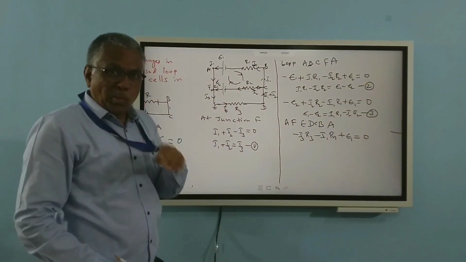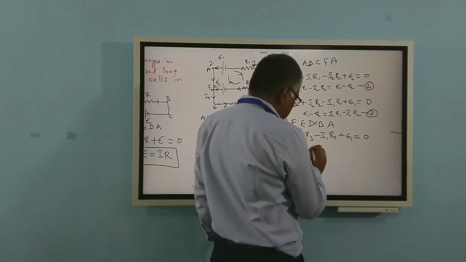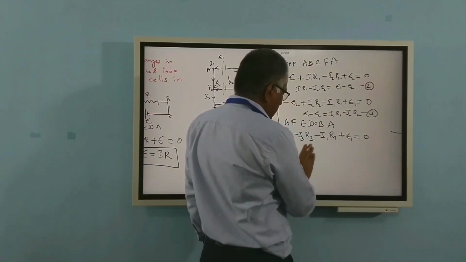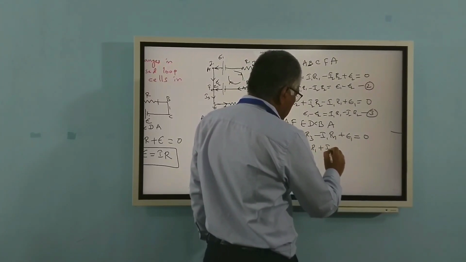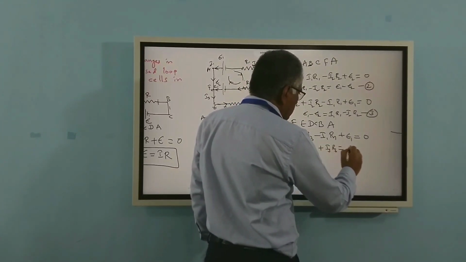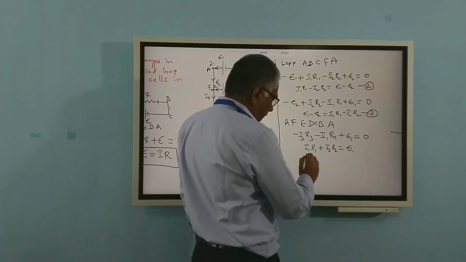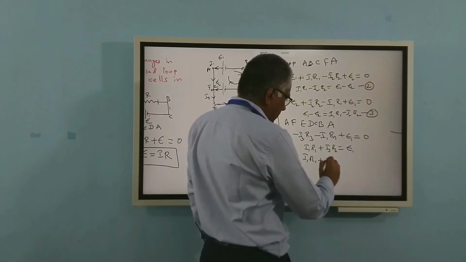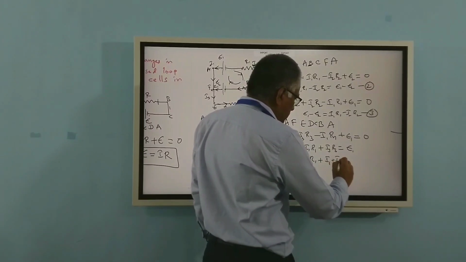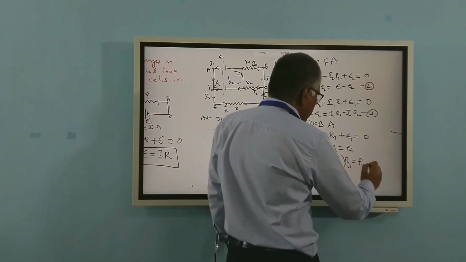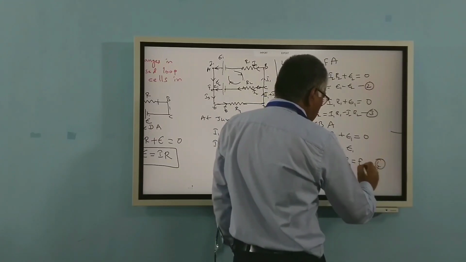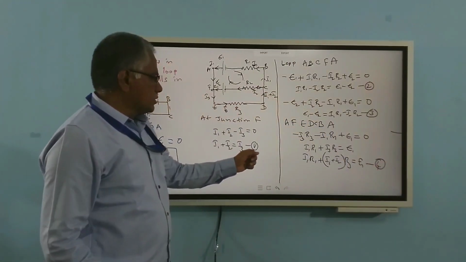Now I can write E1 equals I1 R1 plus I3 R3, that is E1 equals I1 R1 plus (I1 plus I2) into R3. I1 plus I2 is equal to I3.